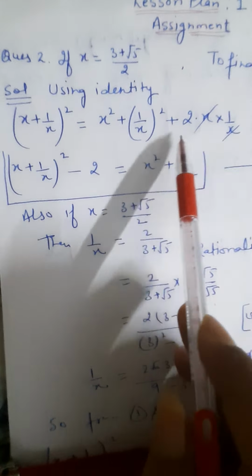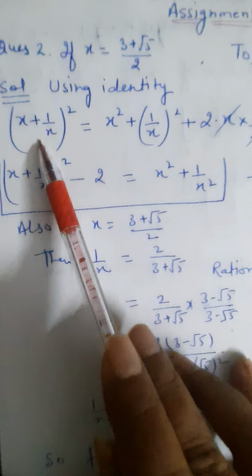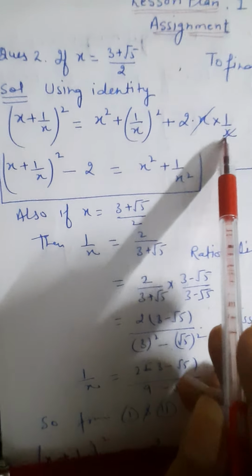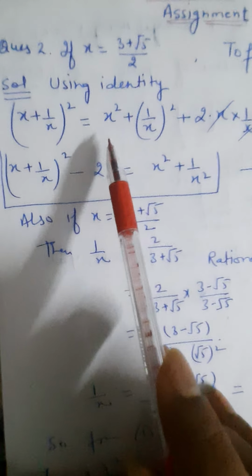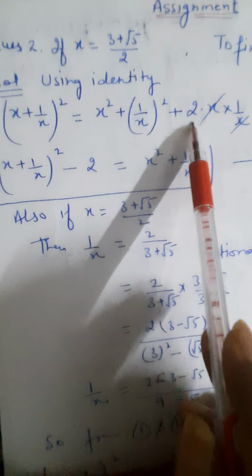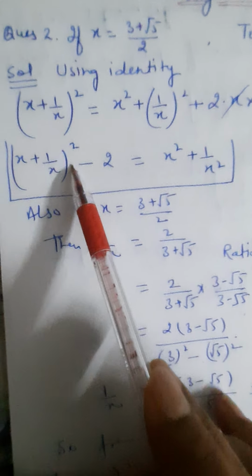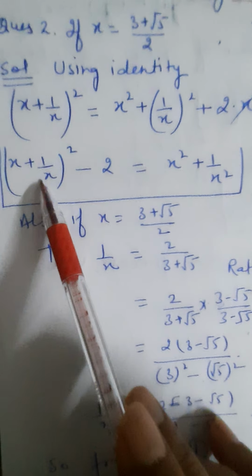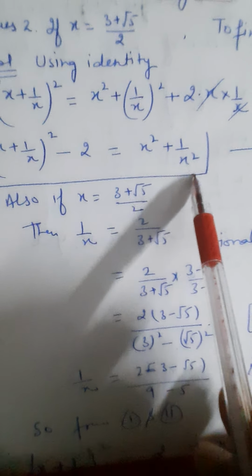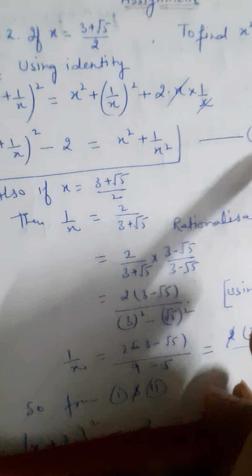I have just opened the identity a plus b whole square, that is a square plus b square plus 2ab. Now if I solve it, this x and this x will get cancelled, this 2 is left here, so I'll bring this 2 to this side, so it will become x plus 1 by x whole square minus 2 is equal to x square plus 1 by x square. I'll give this as equation number 1.